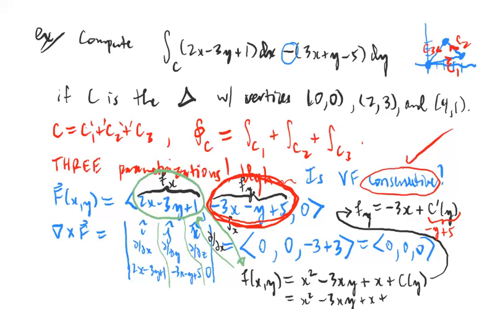So what do we get? What's the antiderivative of 5 with respect to y? 5y. Okay. What is the antiderivative of negative y? Negative 1/2 y squared.